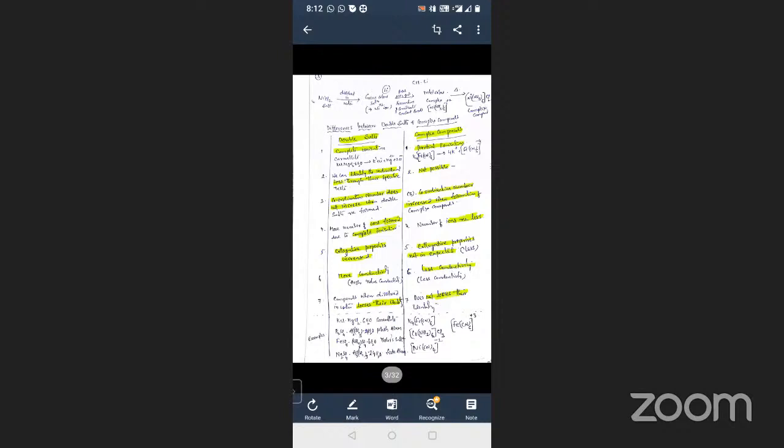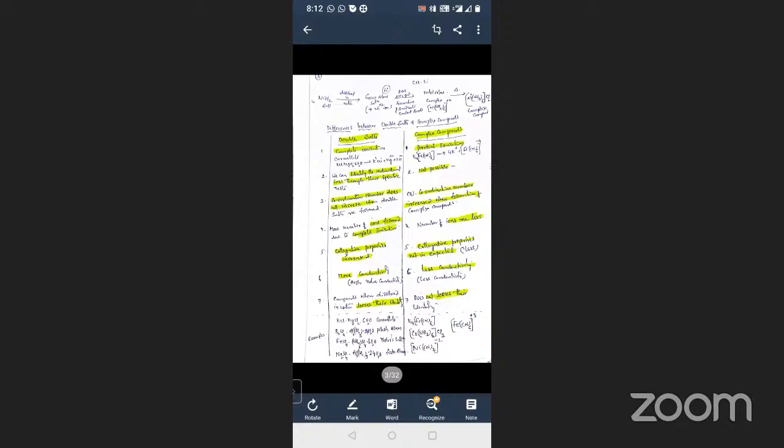Fewer ions are formed in complex compounds when dissolved in water. When the number of ions increases, colligative properties increase. In case of complex compounds, colligative properties decrease. When more ions are present, conductivity is more. When fewer ions are there, the conductivity is less.